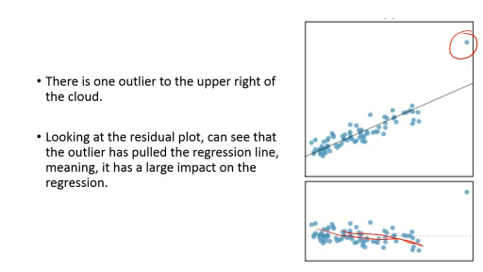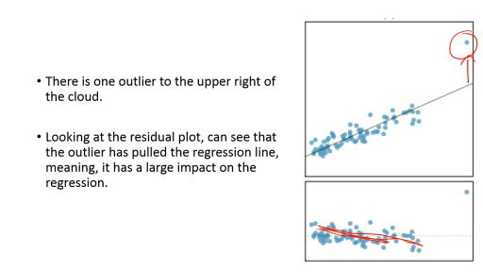It's not following that dotted line perfectly across. This tells us that this point is pulling that line up, and it's having a greater impact than we would want. That data point has great influence on the line, causing problems.